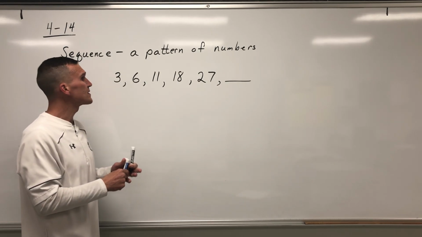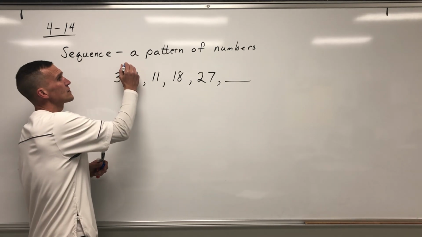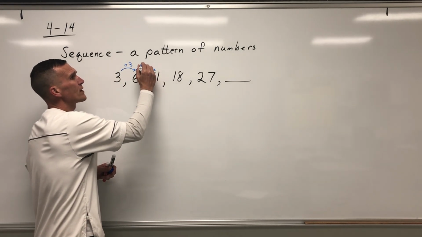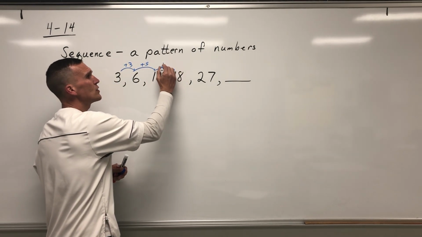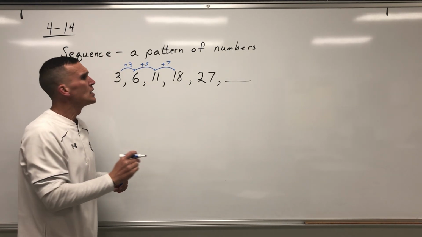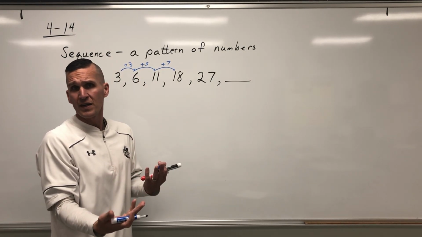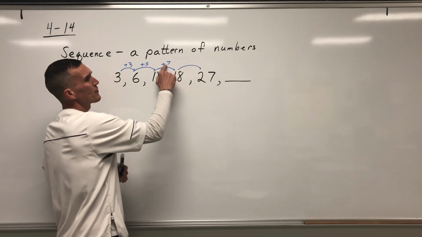What a lot of people see is that to jump from 3 to 6, you could add 3. From 6 to 11, you could add 5. 11 to 18, you could add 7. If we look at the addition, they keep increasing by 2, or the next odd number basically. So what's the next odd number from plus 7?